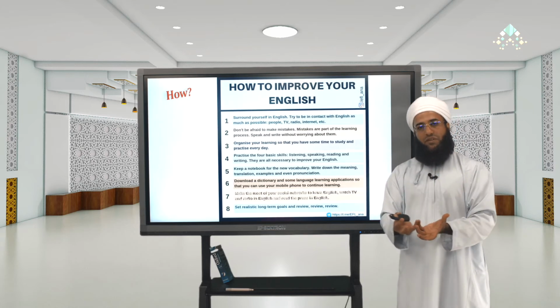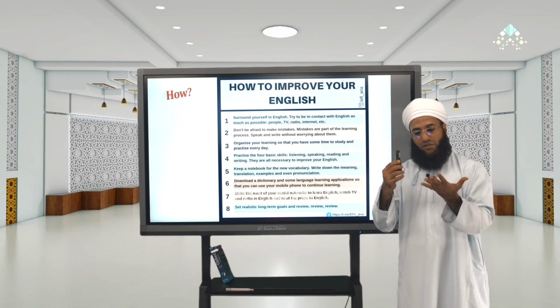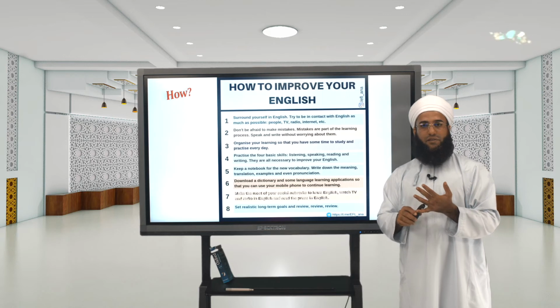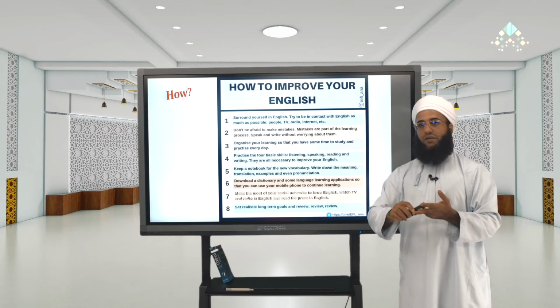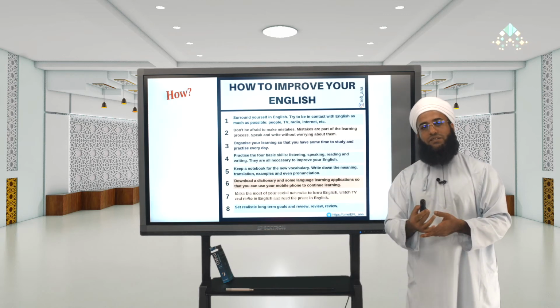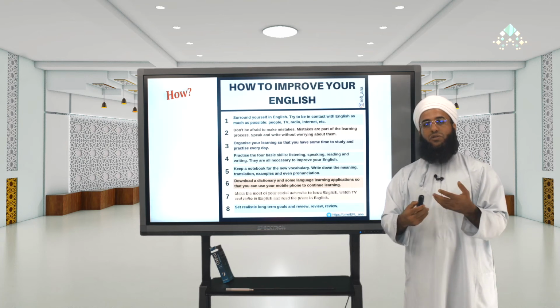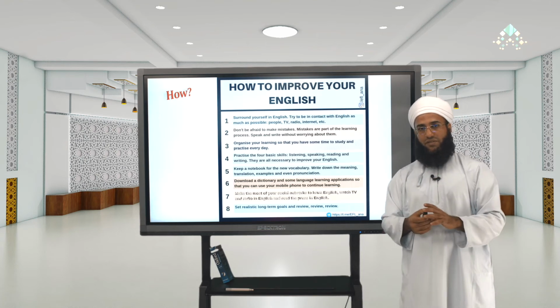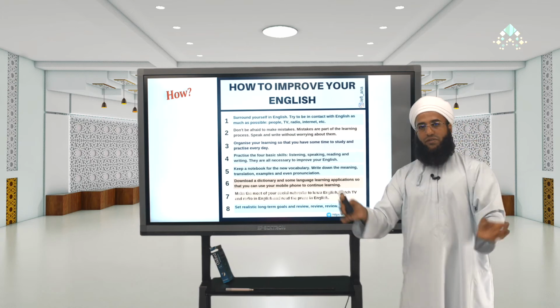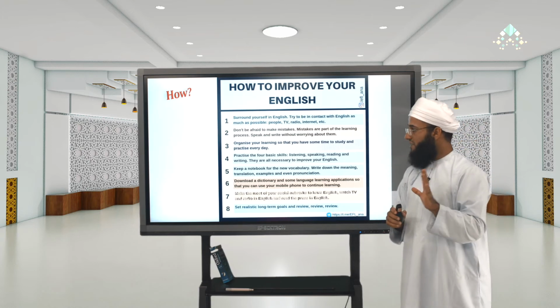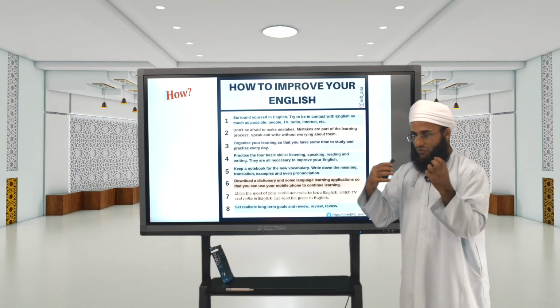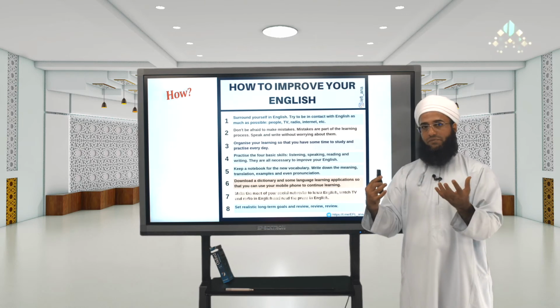It's a number of things. You need to improve your listening. You need to improve your speaking. You need to improve your reading and writing. You need to improve your communication skills. So there are so many things. It's not one thing. So keep that in mind, that you need to improve the four skills altogether.